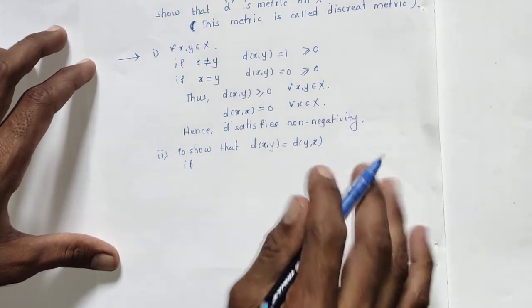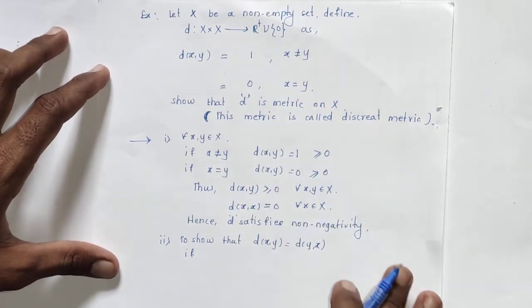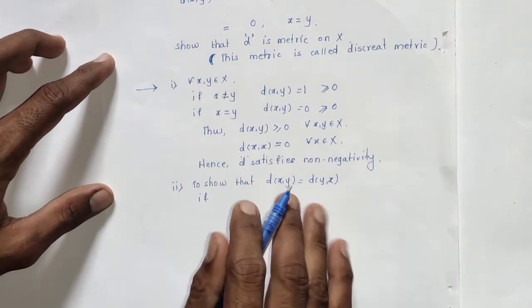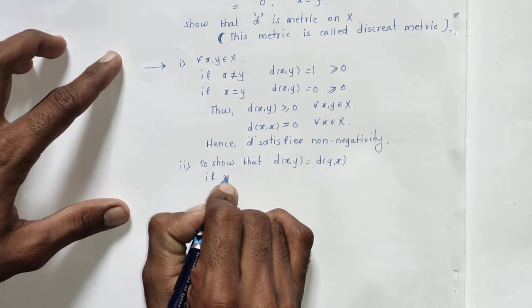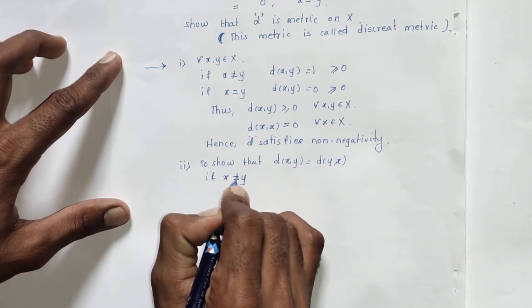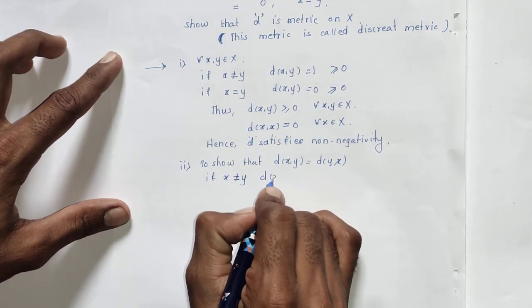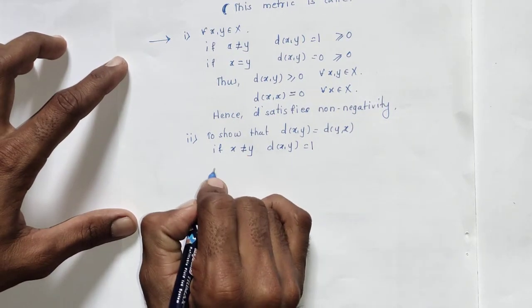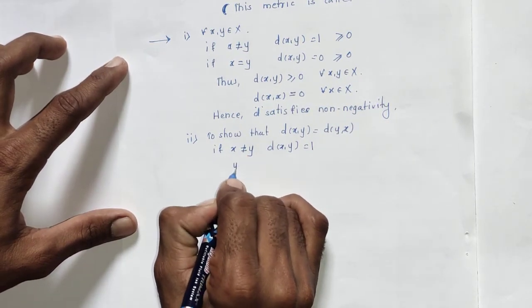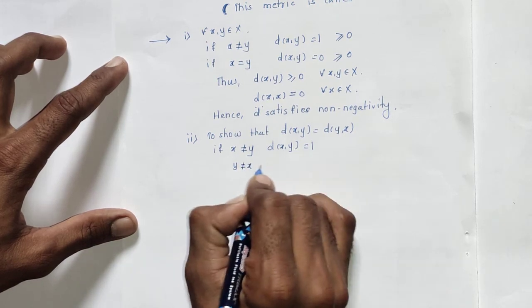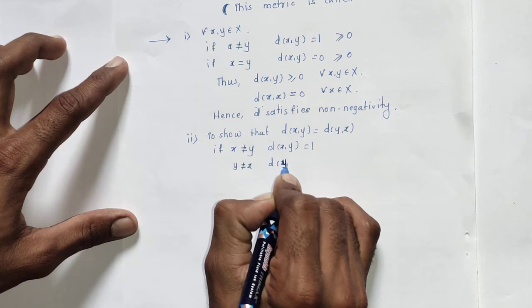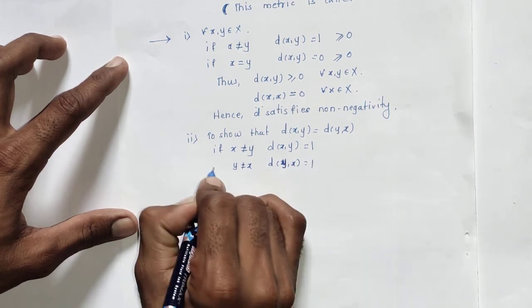The first condition is x not equal to y, and the second condition is x equal to y. If x is not equal to y, then distance of xy is defined as 1. Similarly, x not equal to y means y not equal to x, and whenever y is not equal to x, the function defines distance of yx as 1.